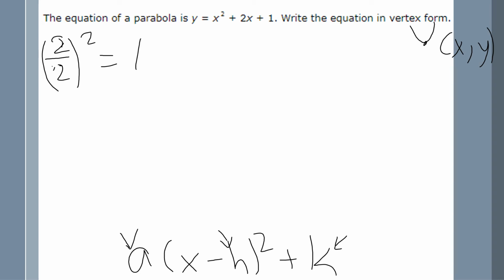I'm going to show this completing the square method a little bit differently, because last time I was just trying to be brief and to the point. Now I'm going to show you the details. So x squared plus 2x plus 1.